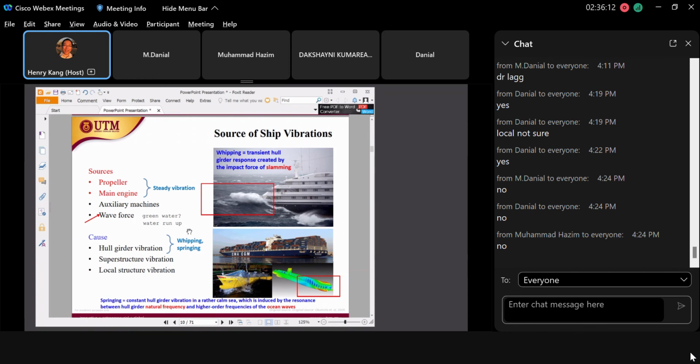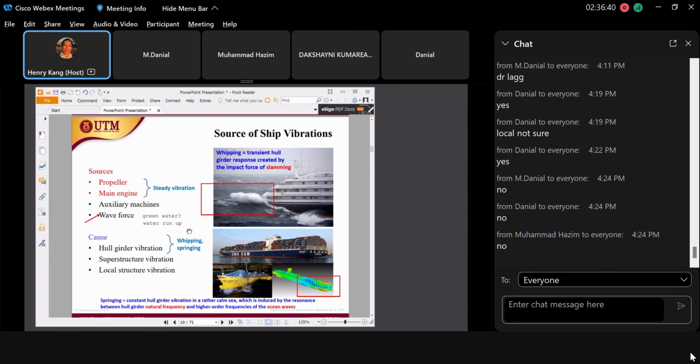Okay, why do they call it green water? Because in the ship, some of the terminology or naming for ship-relevant knowledge is very interesting. This technology has existed for many years, so sometimes the names come from many years ago, and it is not very standardized.